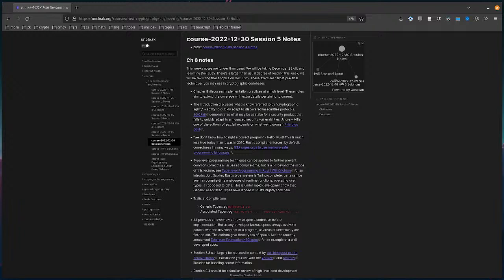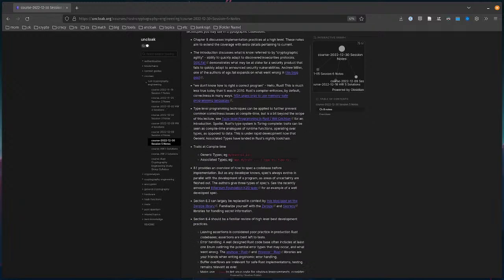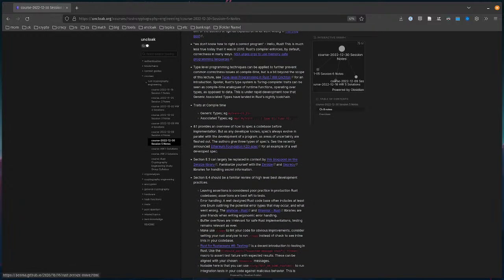So there are several techniques worth highlighting out of this week's reading and notes. One of the things that I think is most important out of this week's notes is, I guess just starting here.